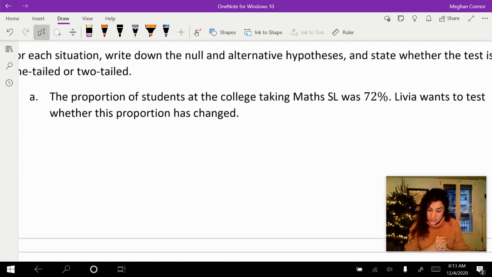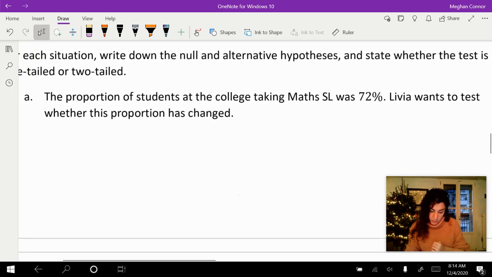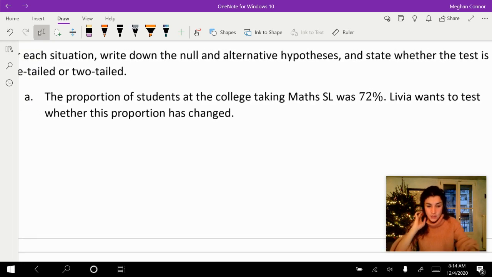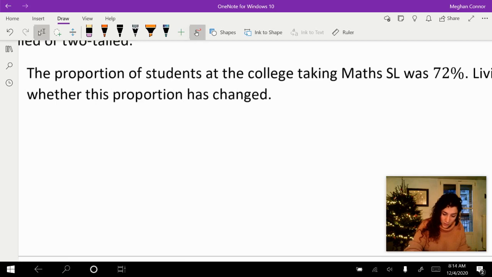The proportion of students at the college taking Maths SL was 72%. Livia wants to test whether this proportion has changed. So the null hypothesis is that it has not changed. Everything has stayed the same. So we're going to write that. Our null hypothesis is that everything has stayed the same.